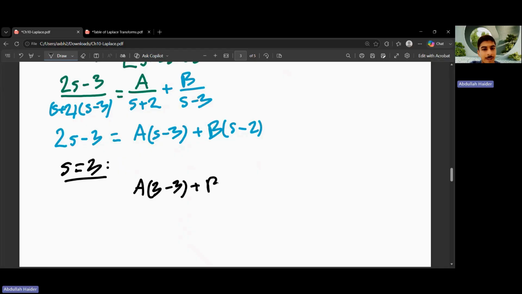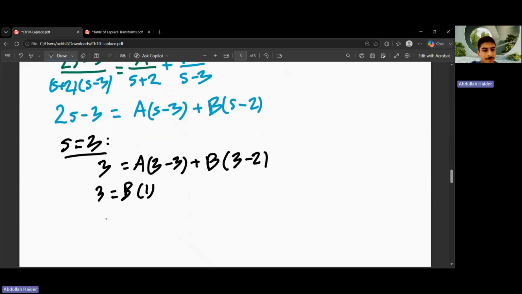So A times 3 minus 3 plus B times 3 plus 2 is equal to 2 times 3, 6, minus 3 is 3. So 3 equals 0 plus B times 5. In this case, you have B equals 3.